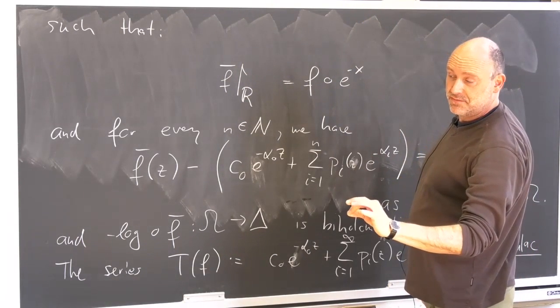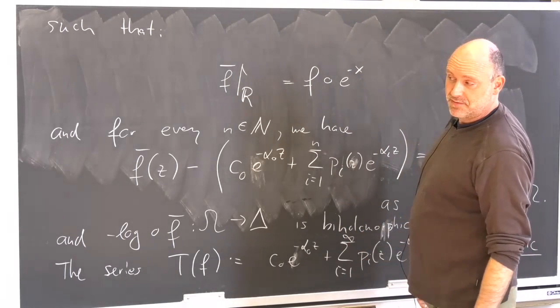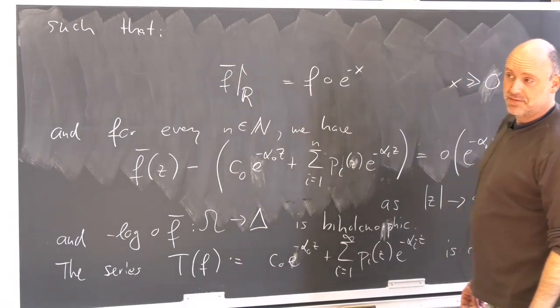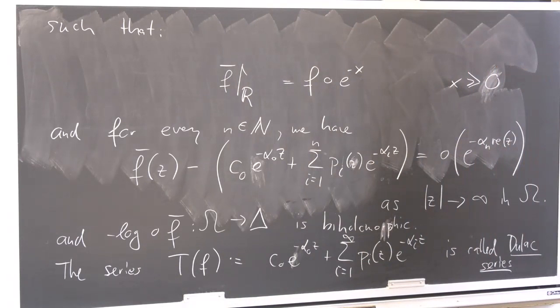But if you compose identity, then minus log, then identity again, do you get the Deluxe transseries? There's something I don't get.